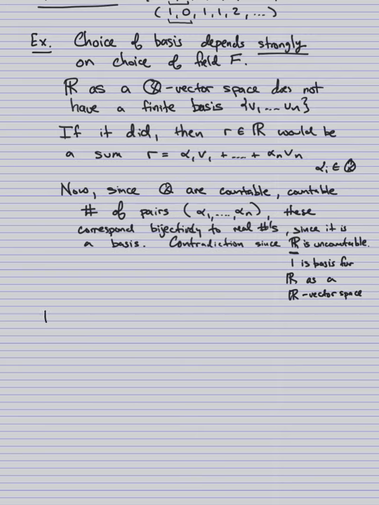Okay, so let me give you another definition now. We say V1 up through maybe Vm in V is a generating system. This is what the book uses. I think people also say spanning system.